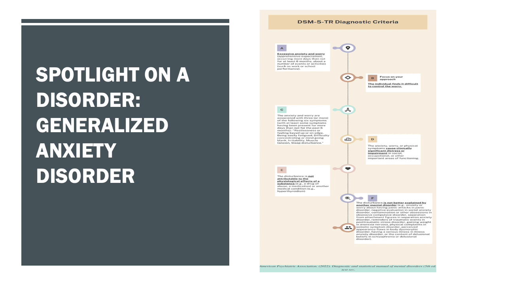Criterion C says that the anxiety and worry are associated with at least 3 of the following 6 symptoms, with at least some symptoms present for more days than not for the past 6 months. So it can't just be happening for one day here and there, but at least most days for 6 months.